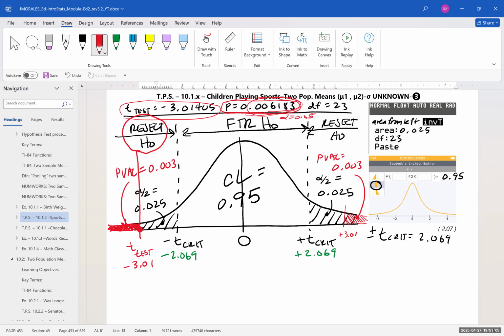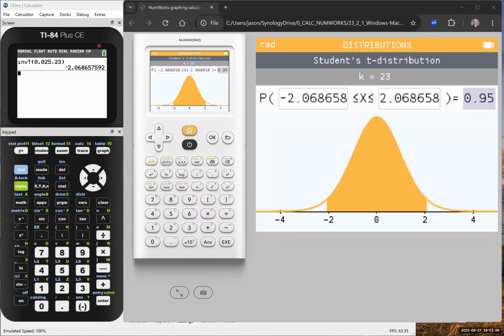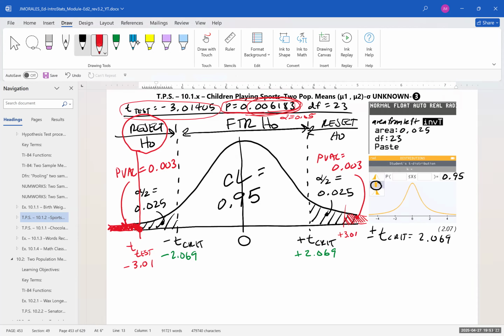And at this point, we're comparing apples to apples and oranges to oranges here in the next step. So that's going to be step 5.